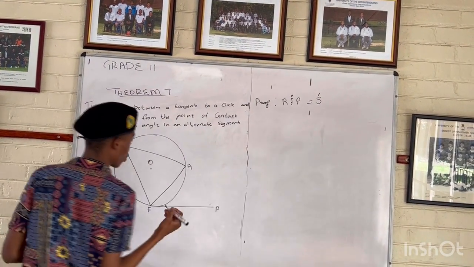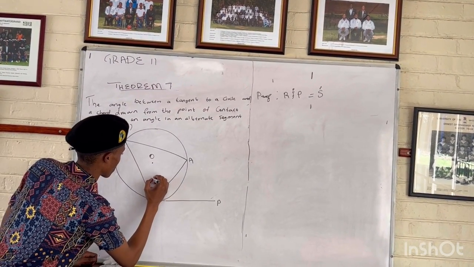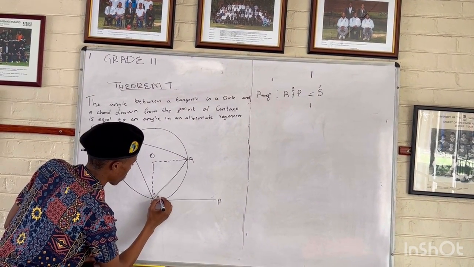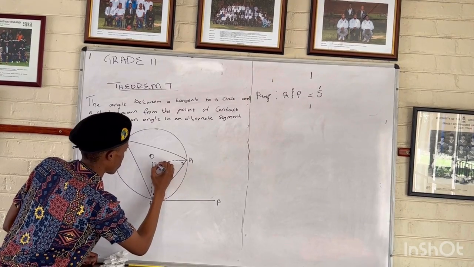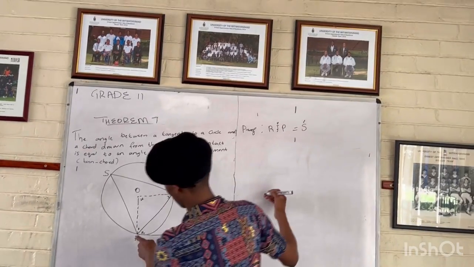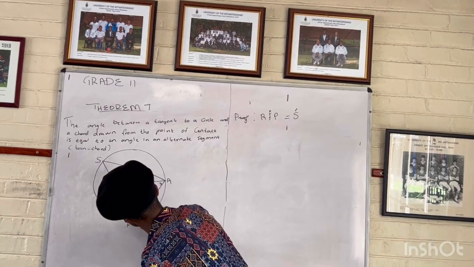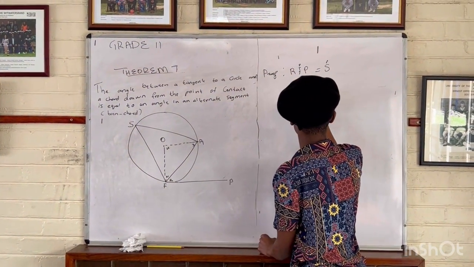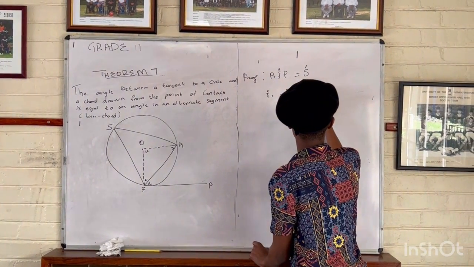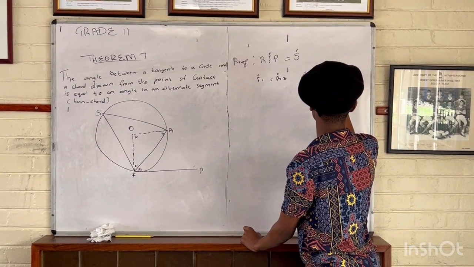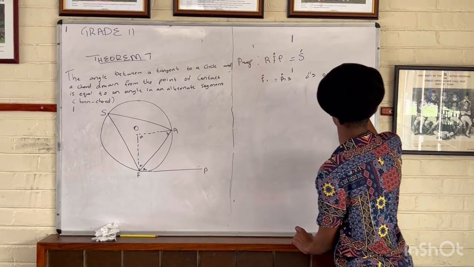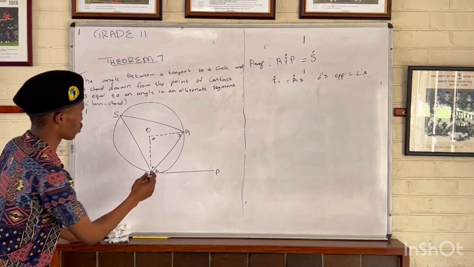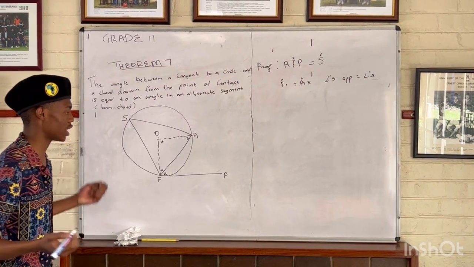Then we can now construct. Then we can say that angle F1 is equal to angle R3, angles opposite equal sides, because here and here we have radii and radii are equal.